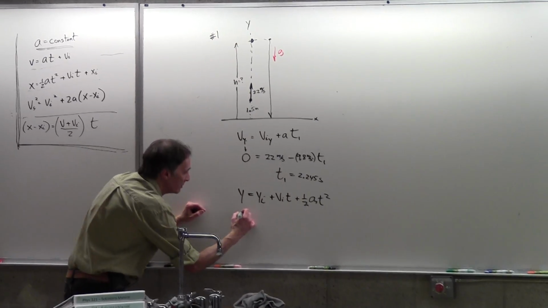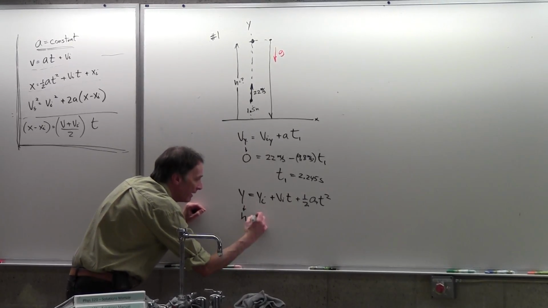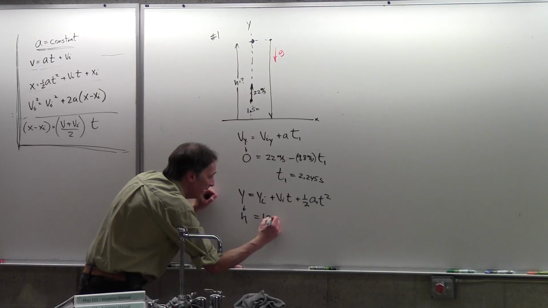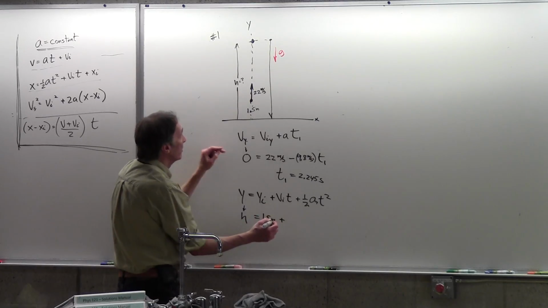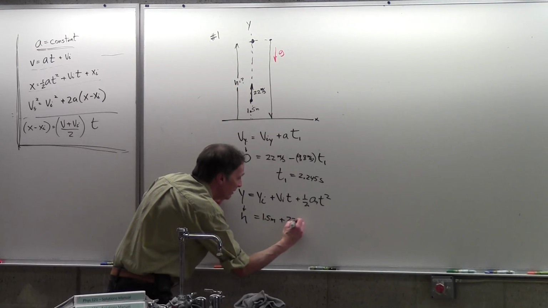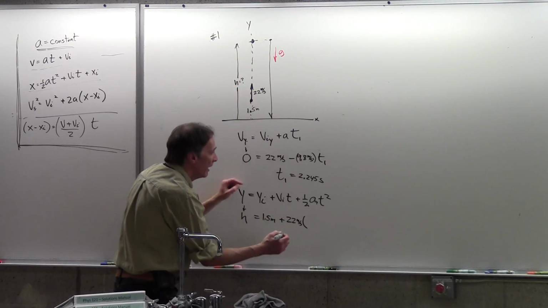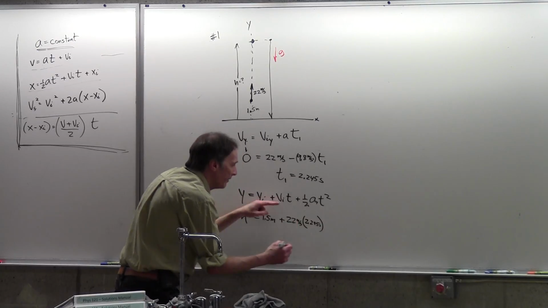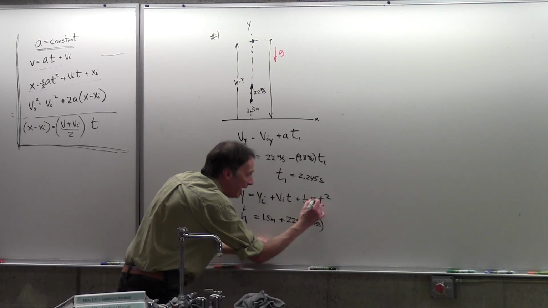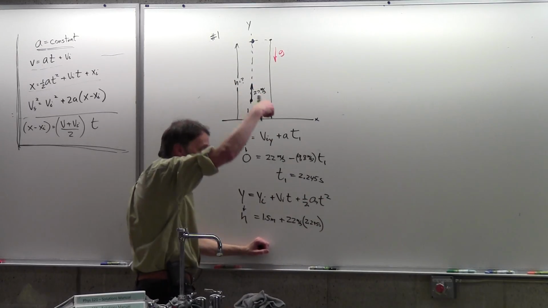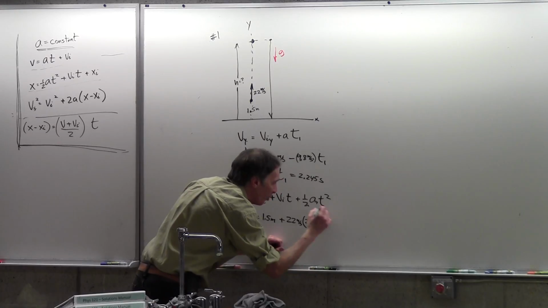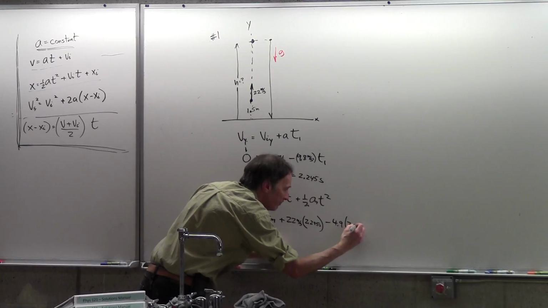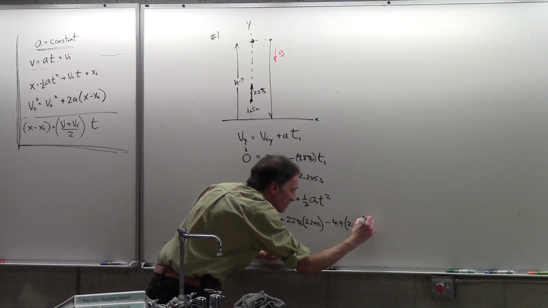I'll just call that h. And the initial position is 1.5 meters plus the initial velocity, 22 meters per second, times the time of 2.245 seconds. Then I also have plus 1/2 at. The acceleration is negative, so that's a negative 9.8 divided by 2 is 4.9 times this same time squared.